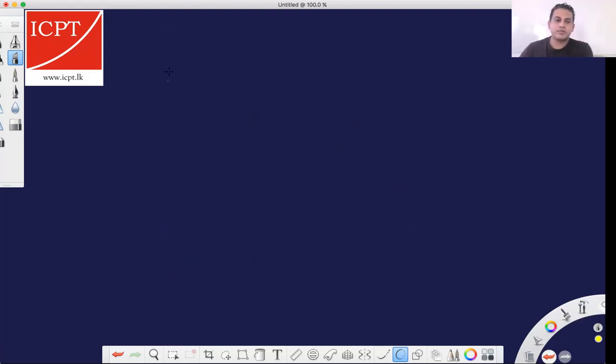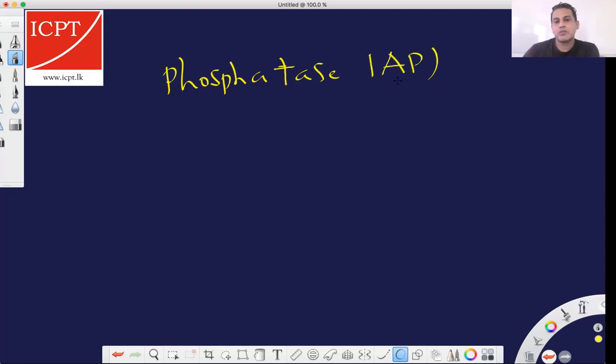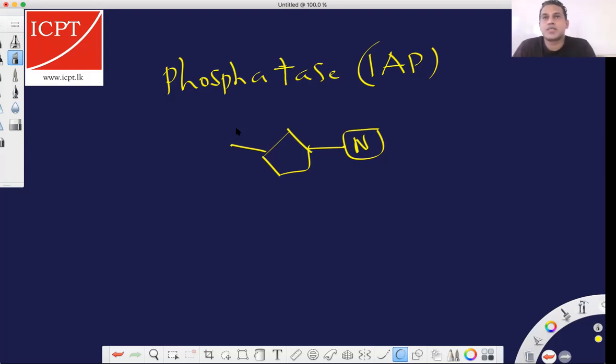So this enzyme is called phosphatase. Sometimes it's also called intestinal alkaline phosphatase. Now this enzyme, the major role is in case the cells also contain ATP-like substance, adenosine triphosphate, they are already formed, and they have 3 bonds of phosphate, 3 phosphate groups.